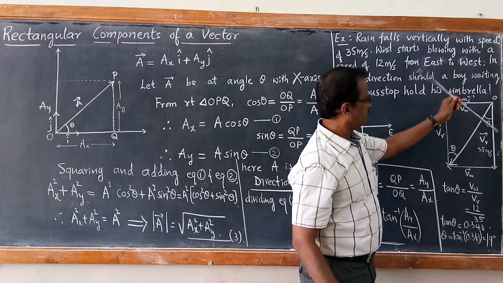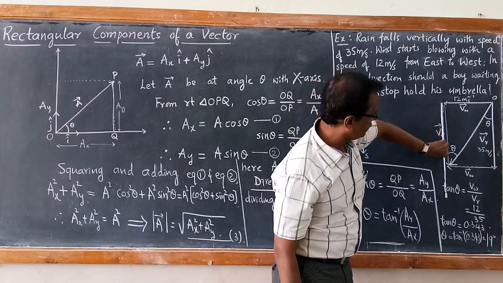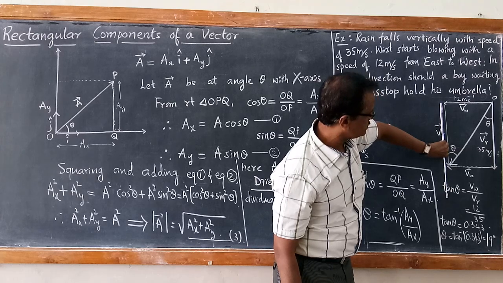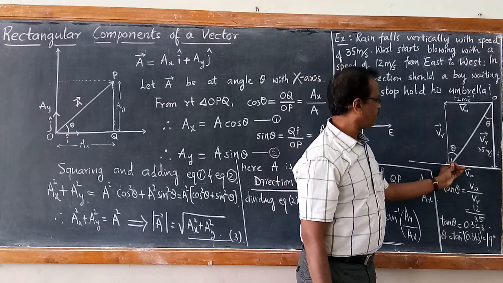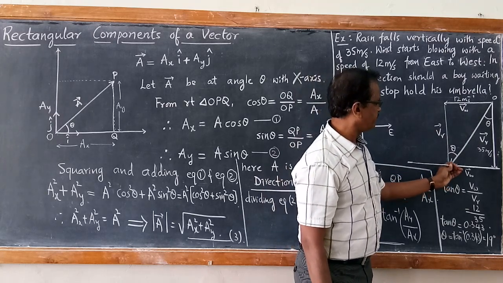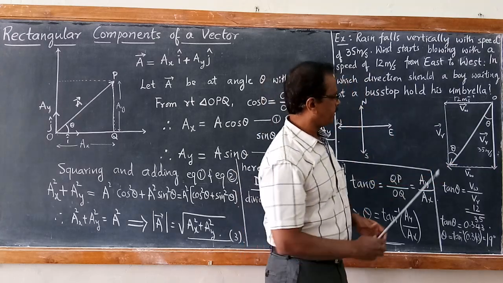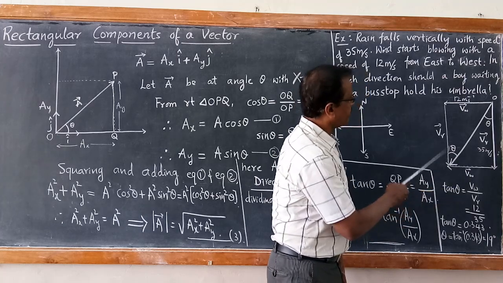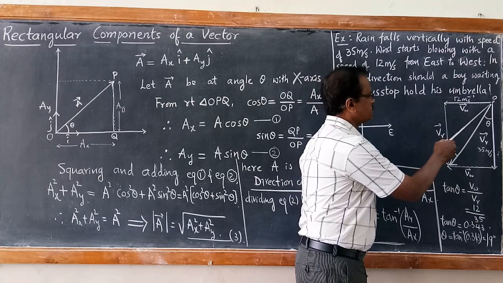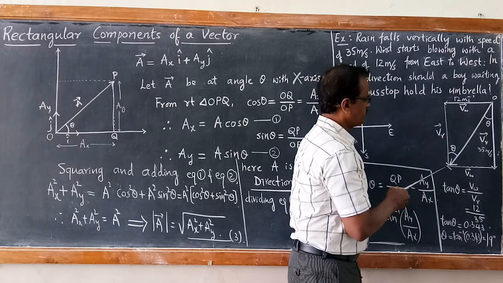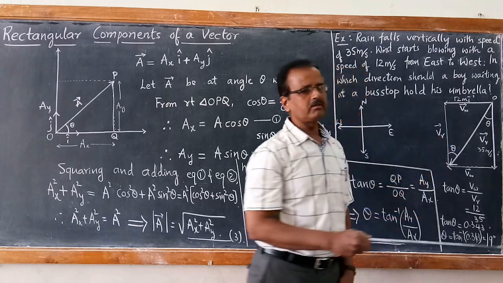Draw a parallel vector vertically downward of the same magnitude and same direction. That becomes VR vector, and then draw a parallel vector VW in this direction. Then join from the point of coincidence of all the tails to the point of coincidence of all the heads.